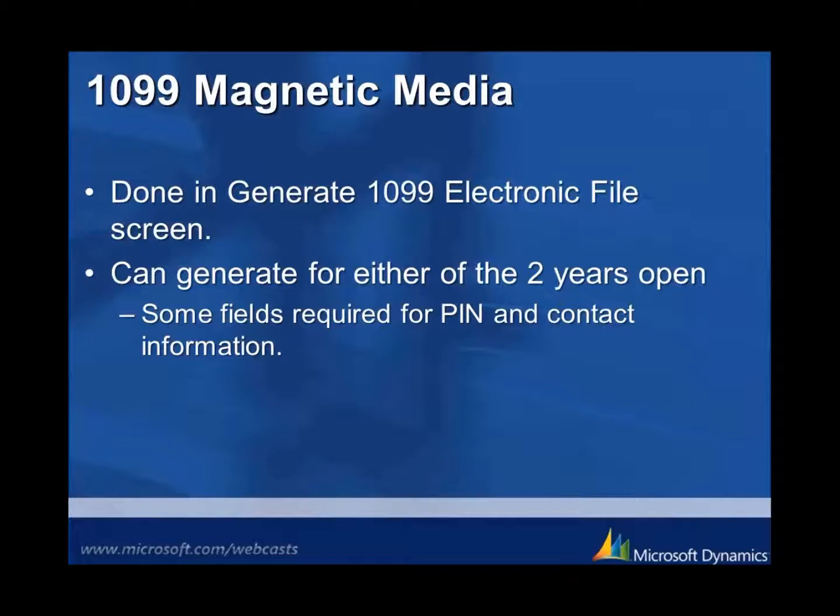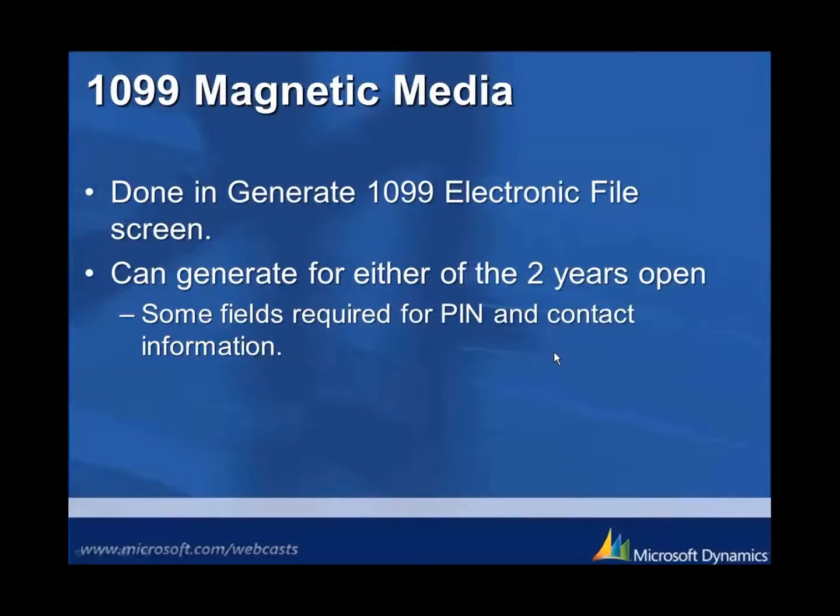There are some fields required, and I actually use the word PIN here, and it's really a control code. Now, that is supposed to be sent to you as well. If you are required to send 1099s via magnetic media, you're going to get a letter from the government, and it's going to give you your control code.